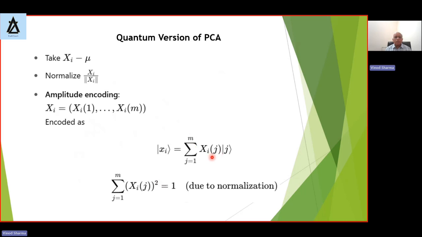Remember, these are the components of xi. Actually, instead of j equal to 1 to m, you may want to use j equal to 0 to m minus 1. This gives slightly better performance. And this is a valid quantum state because of the normalization that we have done above.